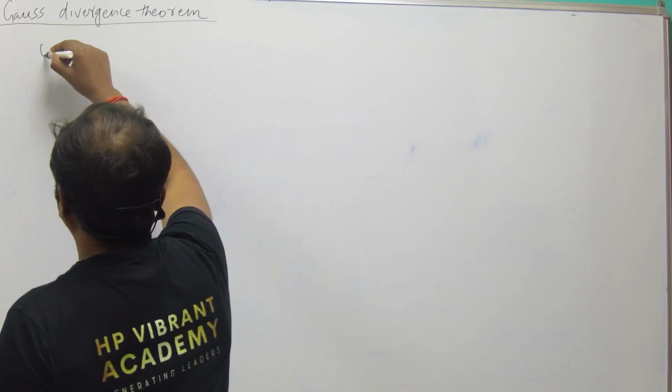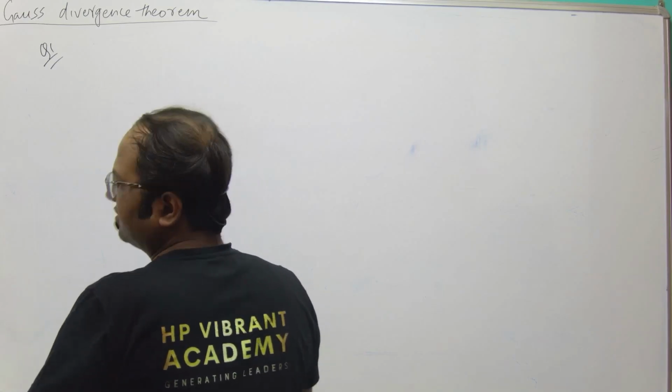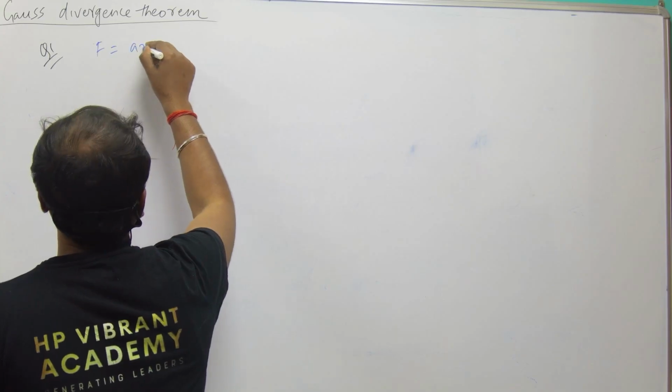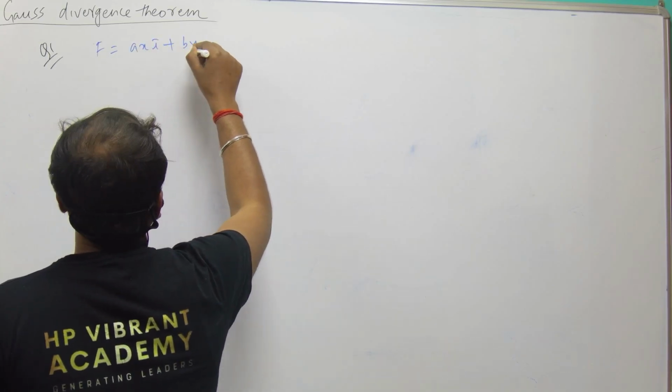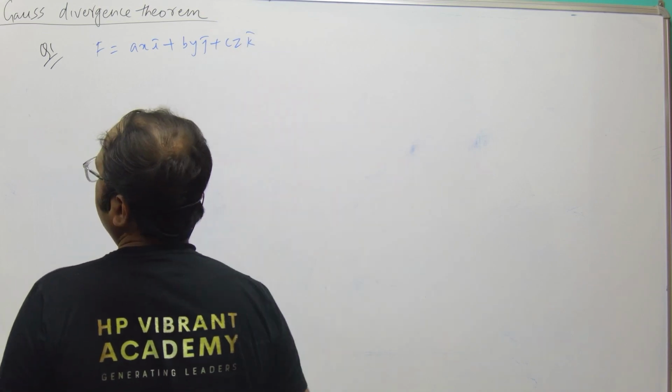Question number 1. We have f equal to ax i cap plus by j cap plus cz k cap, where a, b, c are constants.